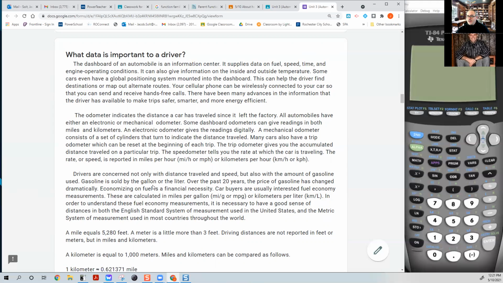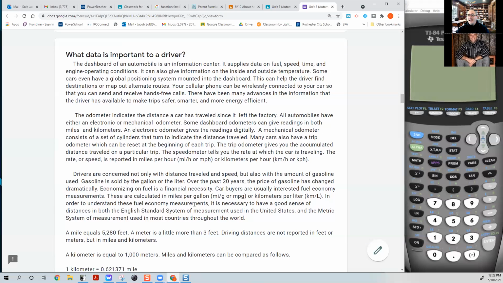Drivers are concerned not only with the distance traveled and speed, but also with the amount of gasoline used. We'll be talking about some questions with that. Gasoline is sold by the gallon here in the United States or by the liter everywhere else. Over the last 20 years, the price of gasoline has changed dramatically. Economizing on fuel is a financial priority for many people. Car buyers are usually interested in the fuel economy measurements.